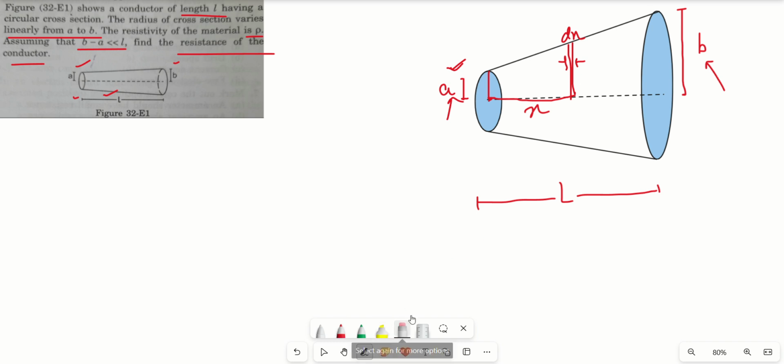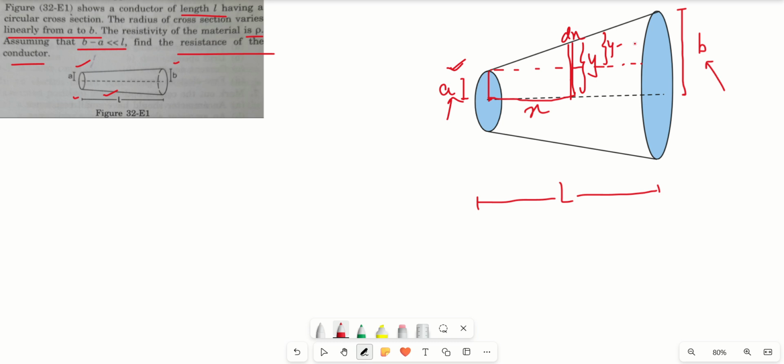Let me call this length y, and let me take another length from here. This length will be y minus a.